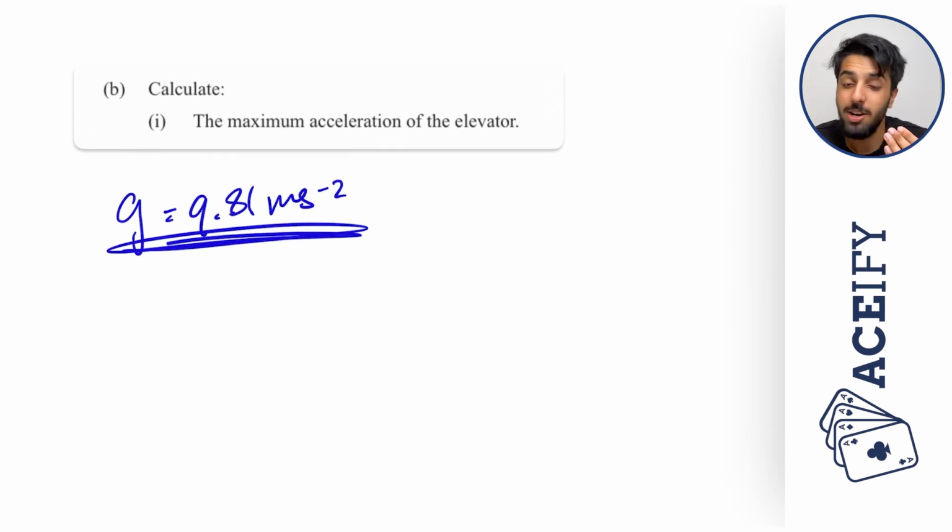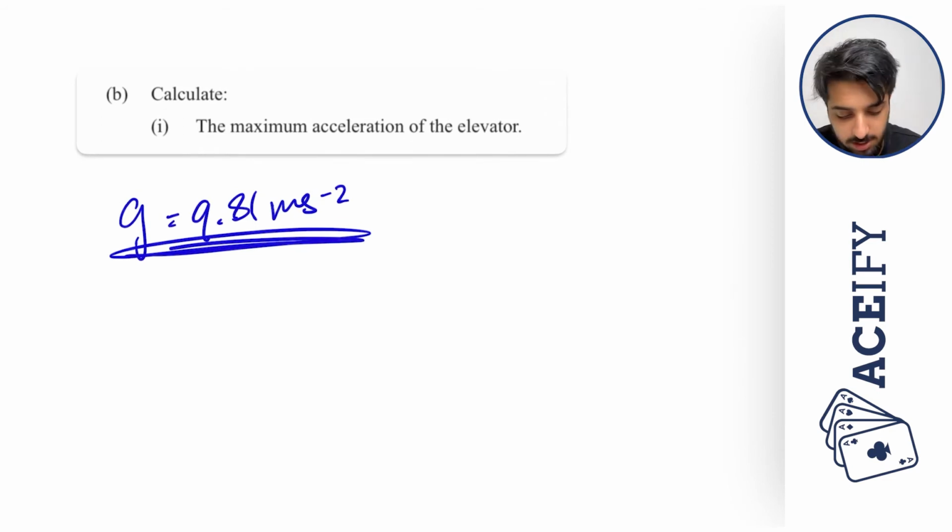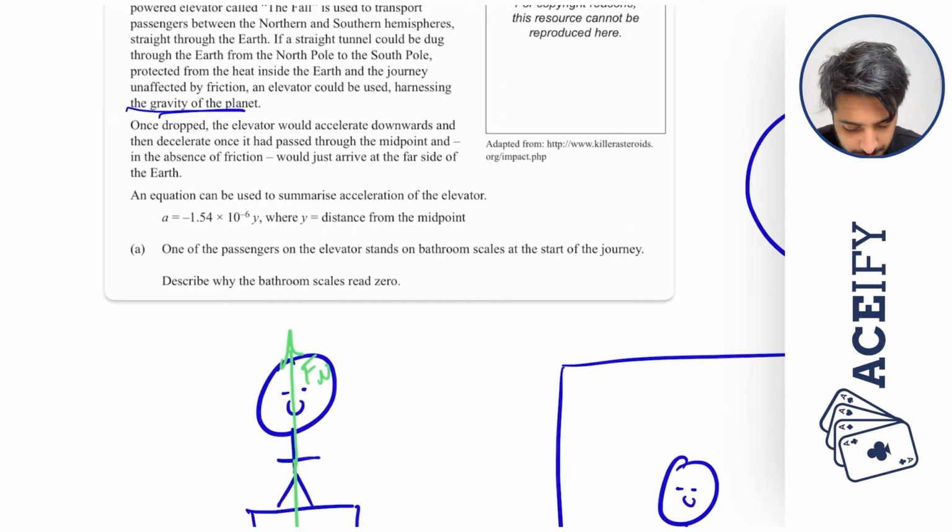Now, another way we can find the maximum acceleration of the elevator is to calculate it. So the way we will calculate it is if we look at our given values, we can see that the acceleration is this value right here. Now, this value is not something we've seen before, but if we think about it, we can break it down and it becomes kind of obvious.